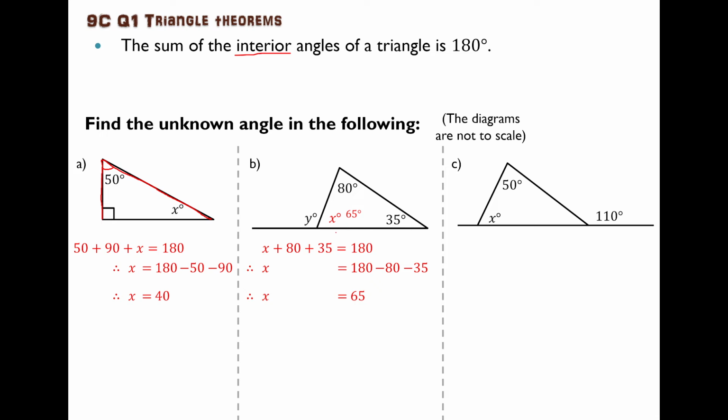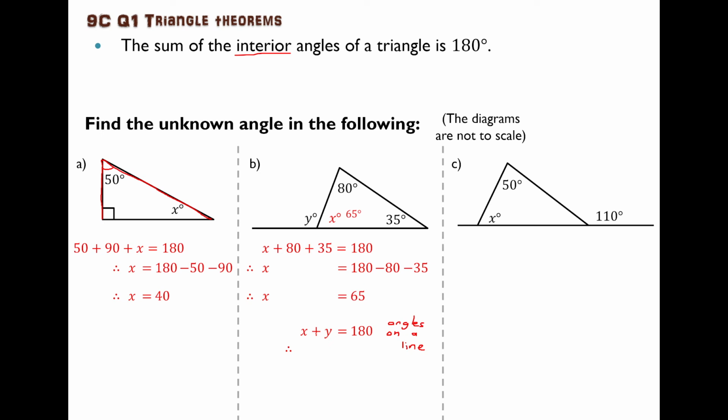All right, so I found that. Now we can use the theorem that x plus y add up to 180, because they are, I should give a reason here, angles on a line. Angles on a straight line add up to 180.